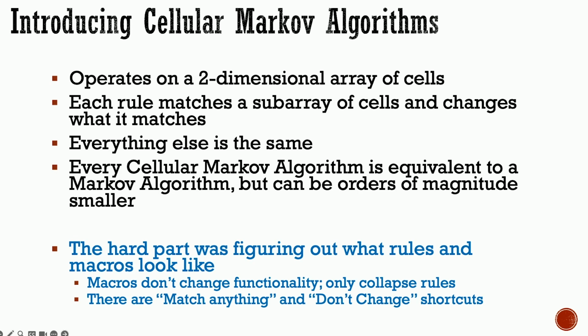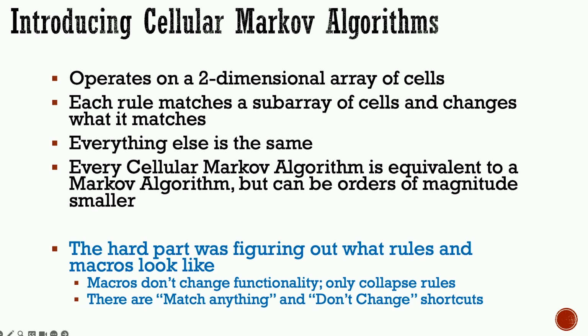And I thought we can do better than this, and so I invented this idea of a cellular Markov algorithm, which is 2-dimensional. They're very, very similar, but they operate on an array of cells instead of a string. And they are, of course, equivalent because they're both Turing complete. It can be much harder to map a cellular Markov algorithm back to a regular one. But going the other way is easy.